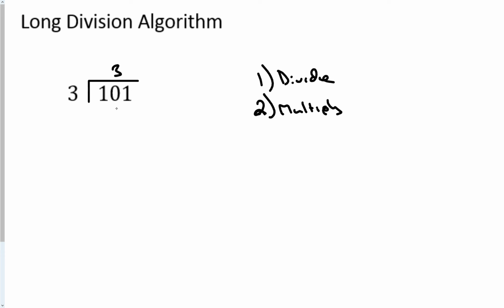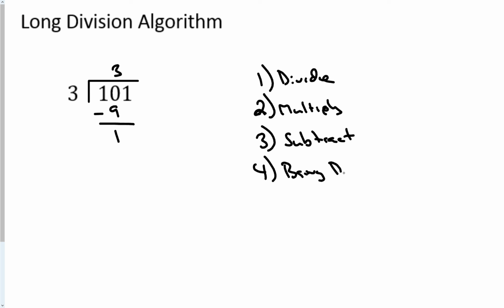So 3 times 3 gave me 9. Then we subtract. So we did 10 minus 9 to give me 1. And then bring down this number right there to 1.